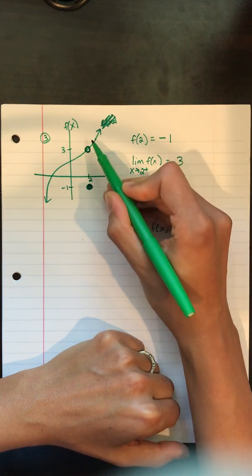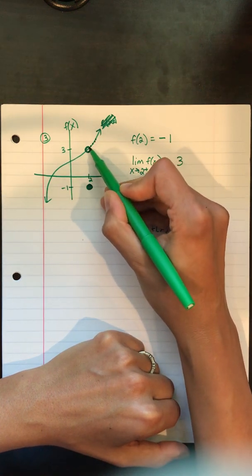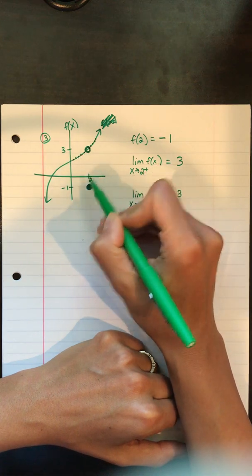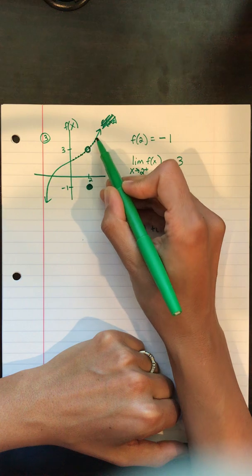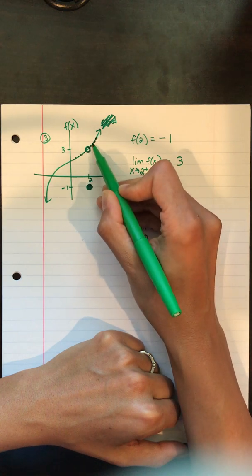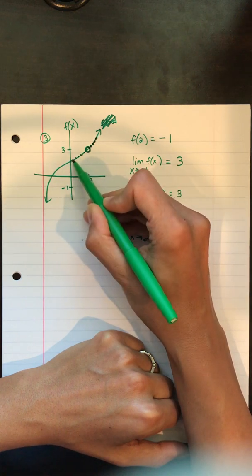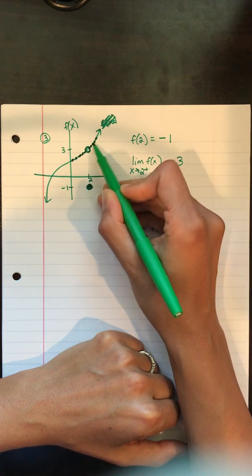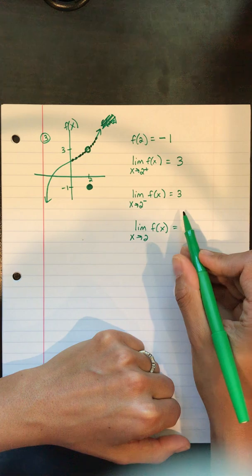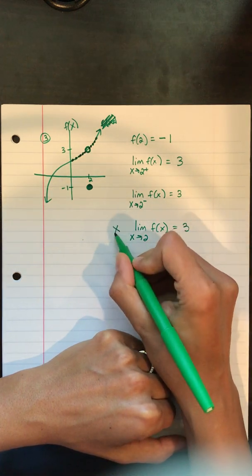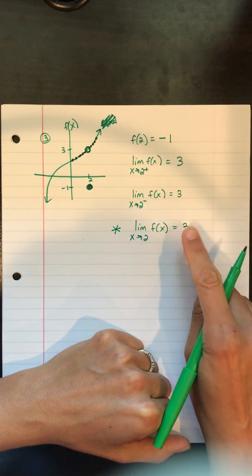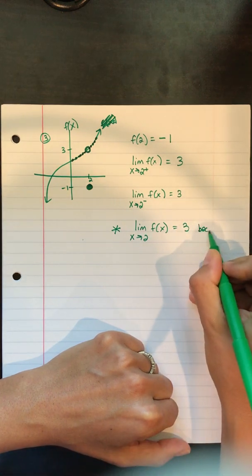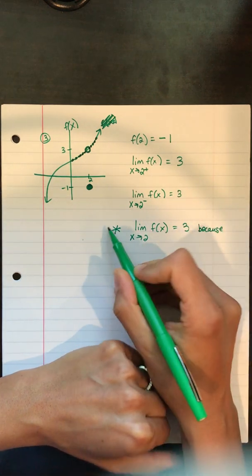Yes, but all of these other points, what y value do they have? Nothing near -1. They're all approaching +3. So guess what the limit is? It's 3.